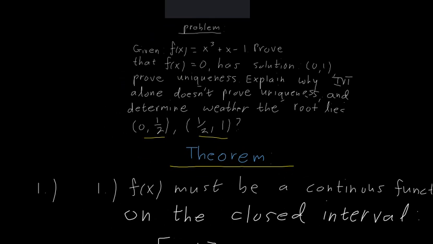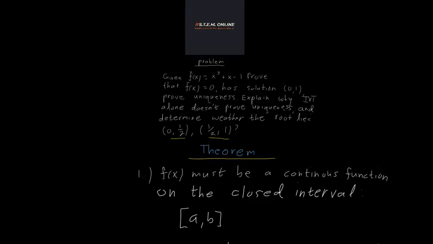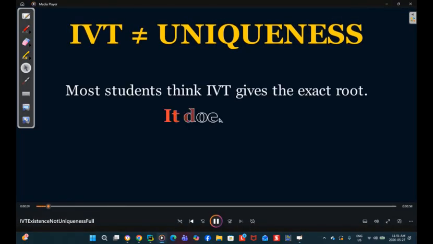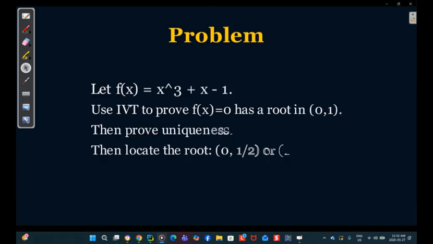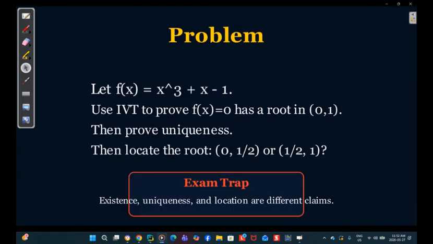And IVT is only going to help us with the first part of this claim. It tells us the root exists because the function changes sign on the interval. If you go back to our diagram, the function is going to continuously change sign on the interval. Now, to prove the uniqueness, we need a separate idea.